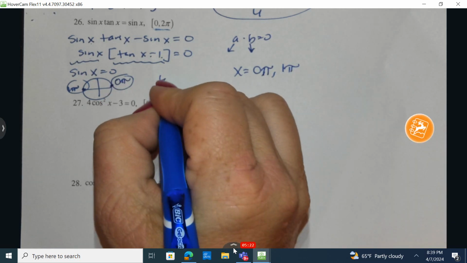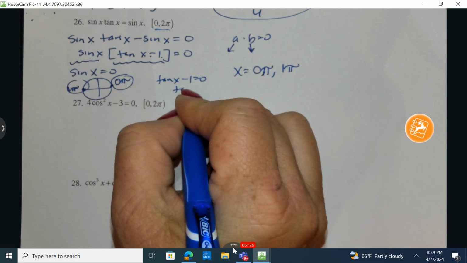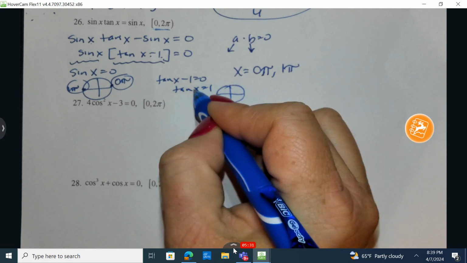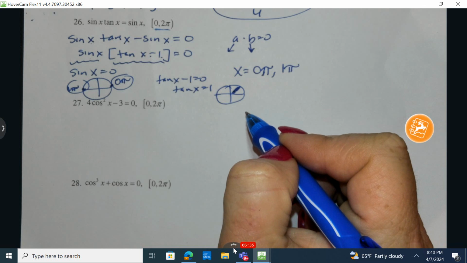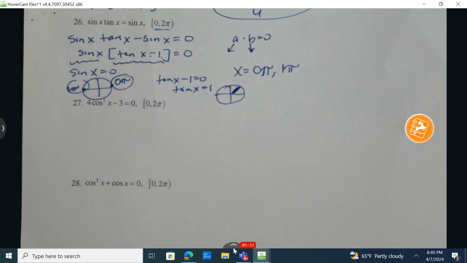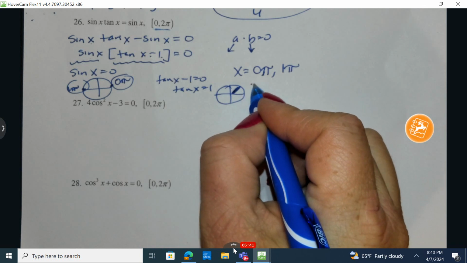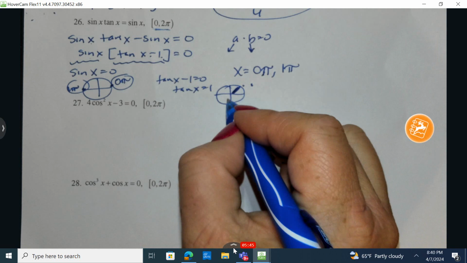Now let's take the tangent of x minus 1 and set it equal to 0. I'm going to add 1 to the opposite side. Thinking of our unit circle, that would be right here, a reference angle of pi over 4. Pi over 4 would be the reference angle. Notice it's a positive 1. That means they have to have the same sign on the sine and cosine in order to achieve a positive 1.